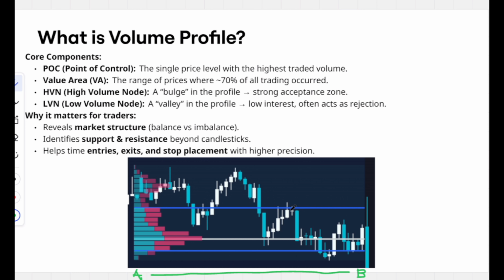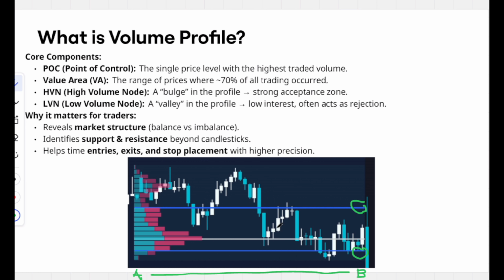Then you have the value area. You have this blue line, the top of the value area, and the low end of the value area. Essentially 70% of all trades occur within the value area, around the point of control. Within this box is considered fair value, and anything outside is not.